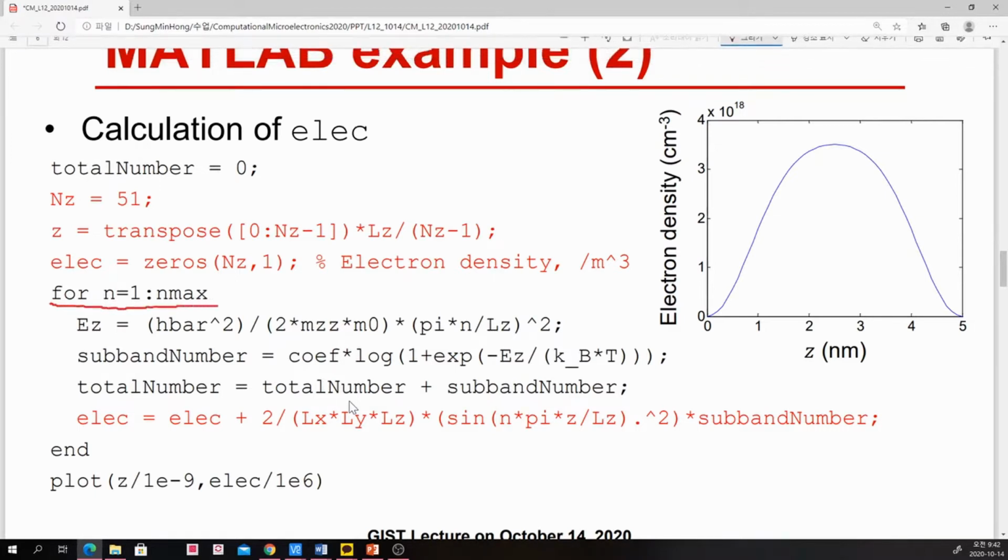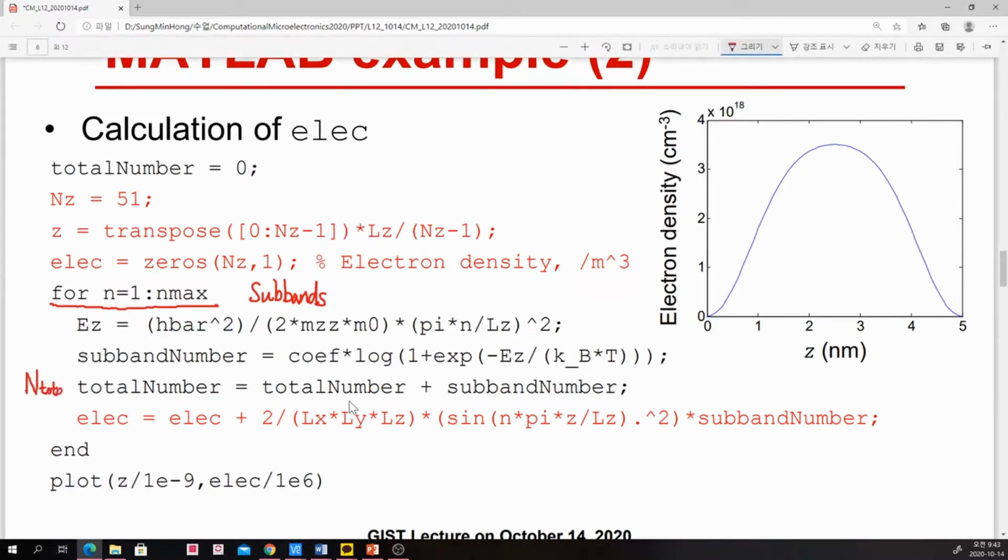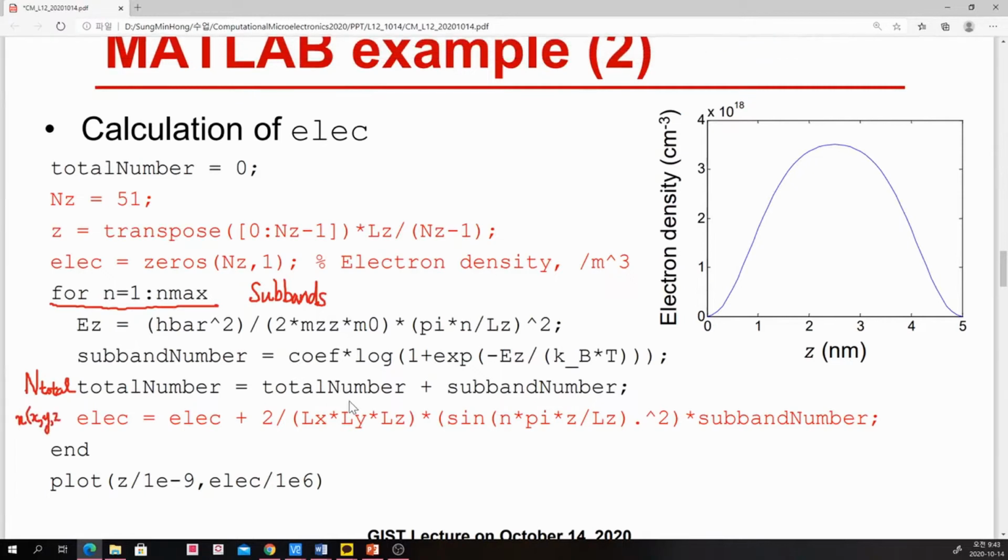This loop is for different subbands. Already we have done it before, but the point this time is that we are not only calculating the total n, we are now calculating the electron density in x, y, z.